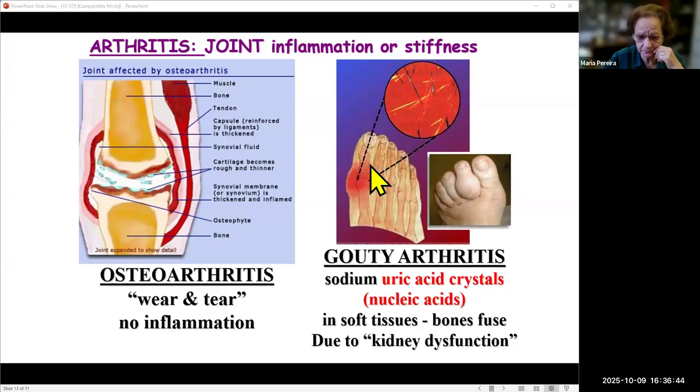You can see here the crystals, this red area that is filled with solid crystals of uric acid. And why does this happen? The source of uric acid is the metabolism of nucleic acids, and it should be removed through kidney function. But if the kidney is not working properly, then the uric acid accumulates and forms these solid crystals at the articulation.